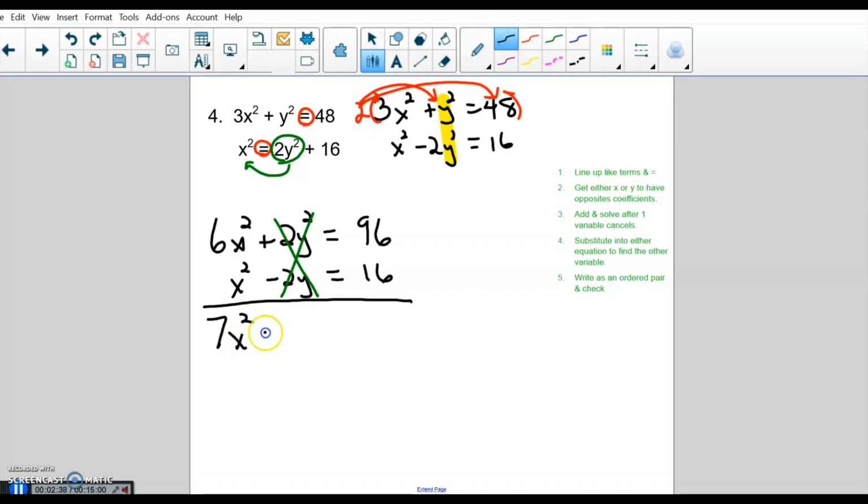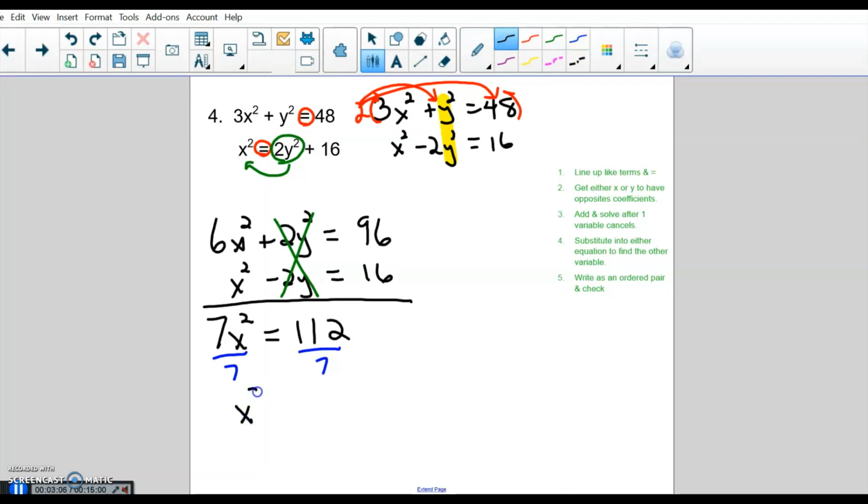7x squared equals, what's that, 112? So 96 plus 16 is 112. We'll continue to solve this equation to get our two x values. 112 divided by 7 is 16.